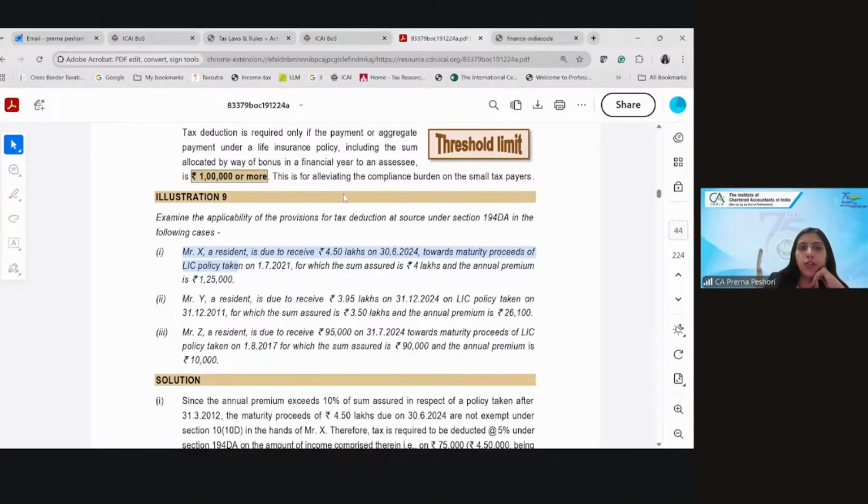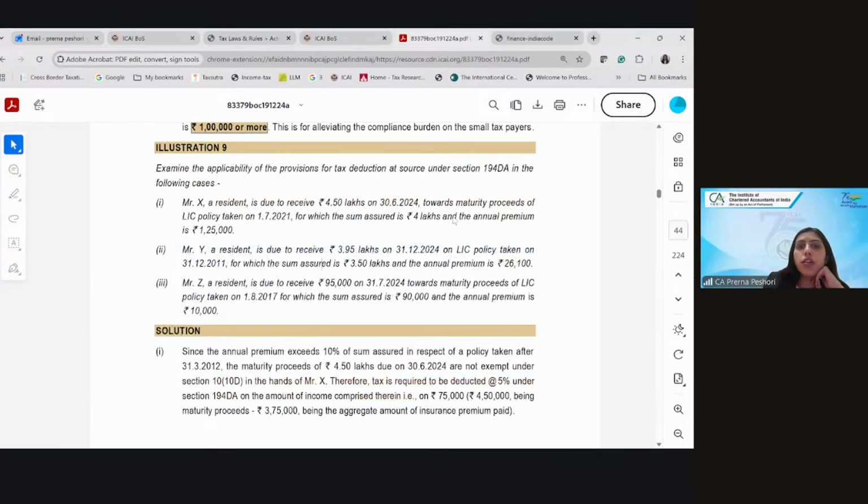Very good. So here my annual premium is 1,25,000. This is more than 10% of sum assured. What is 10% of sum assured? 40,000. This is 1,25,000, so this is therefore not exempt under 10(10D).